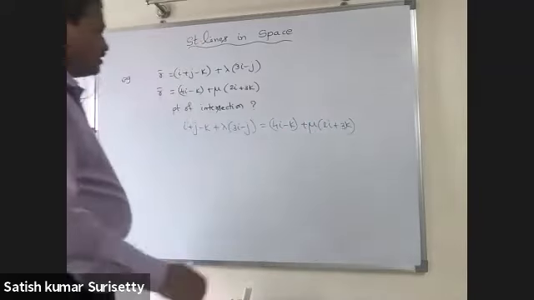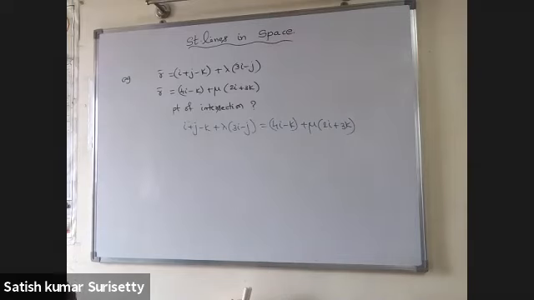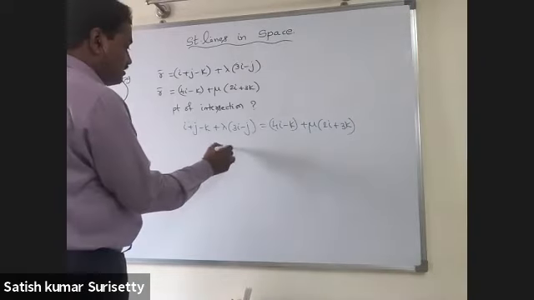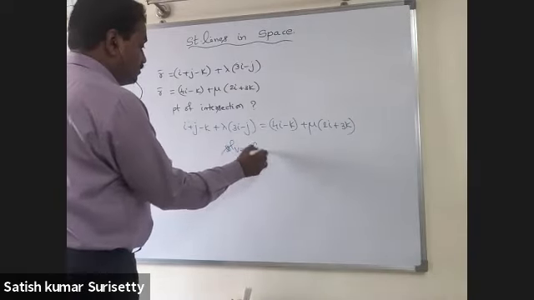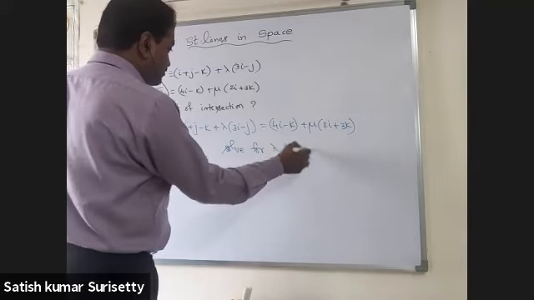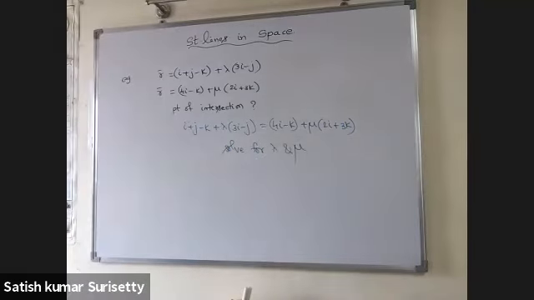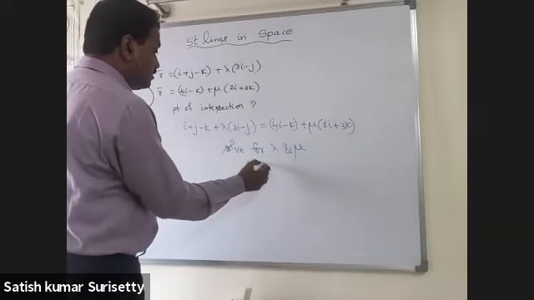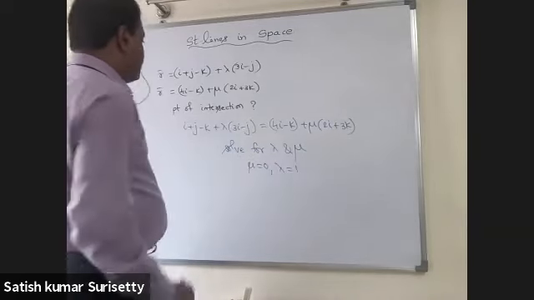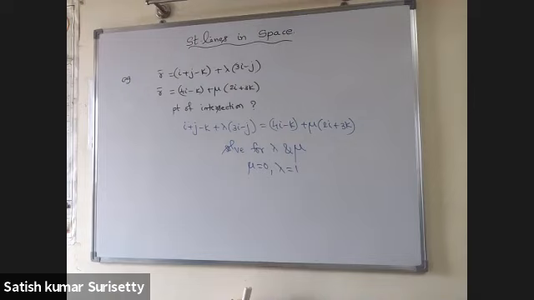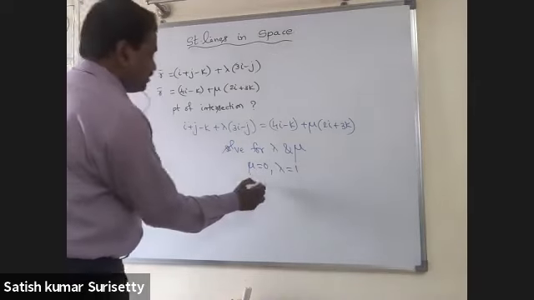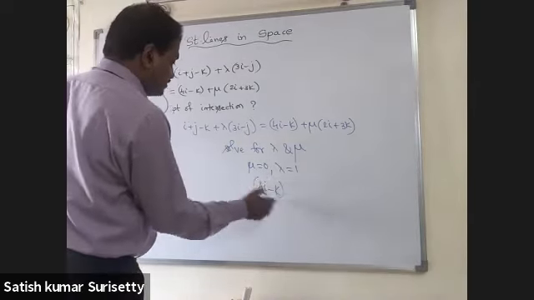So equate the i coefficient, j coefficient and k coefficient and solve for lambda and mu. Mu equal to 0, lambda equal to 1. For the point of intersection, 4i minus k. Correct.